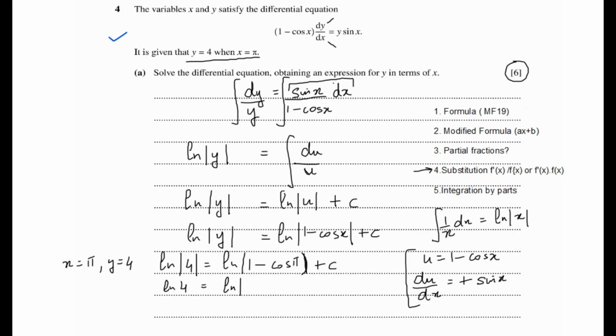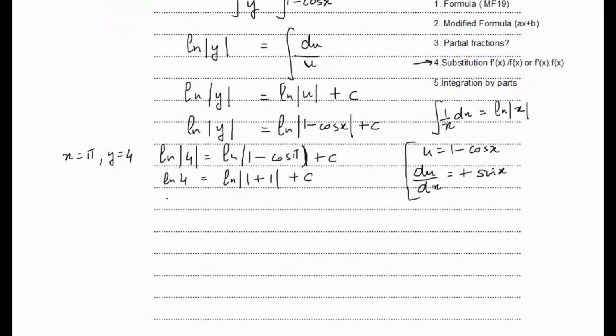So 1 minus cos pi is going to give me 1 plus 1, plus C. And since 4 and 1 plus 1 are both positive numbers, it's just going to be, just move that up, ln 4 minus ln 2 is equal to C, and C is equal to, combining the two ln expressions, ln 4 by 2 using the division rule, you get ln 2.